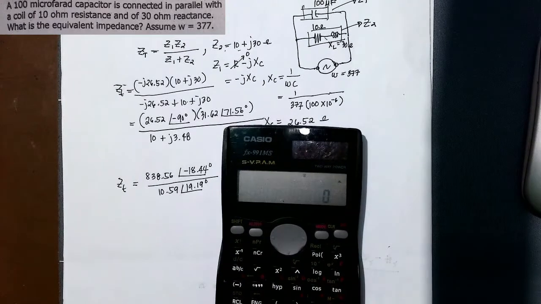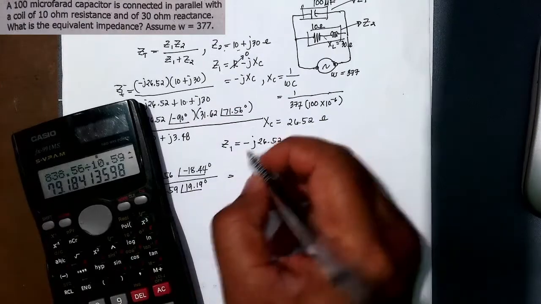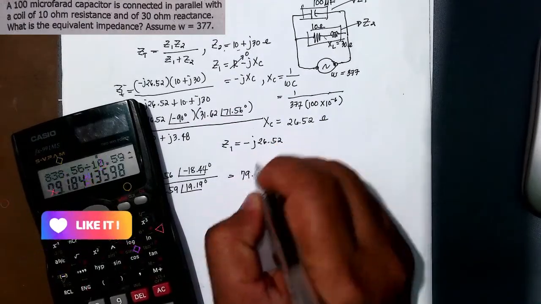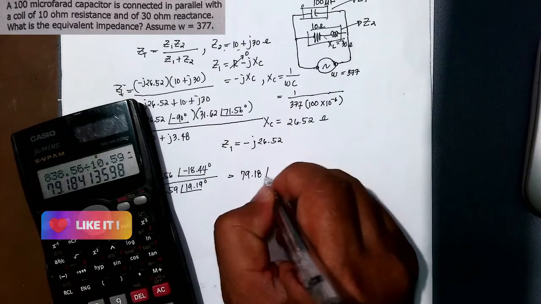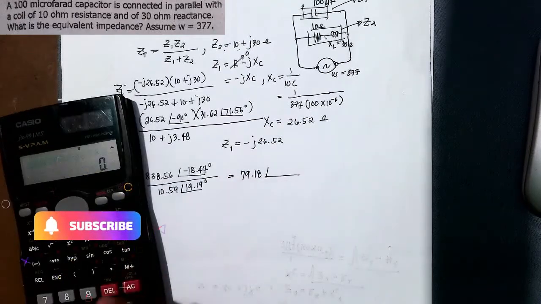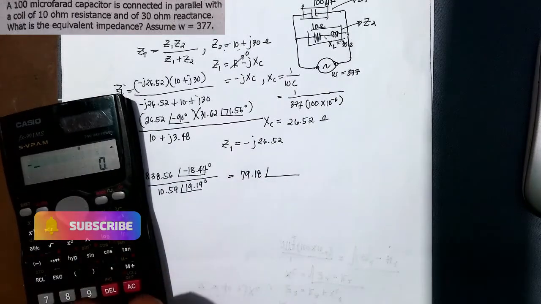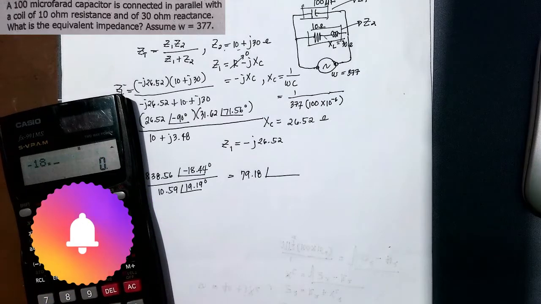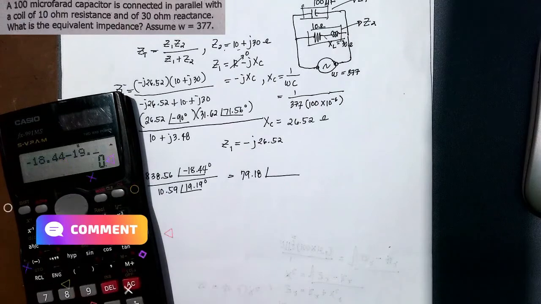So you just divide 838.56 divided by 10.59. It will give us 79.18 cis of negative 18.44 minus 19.19.